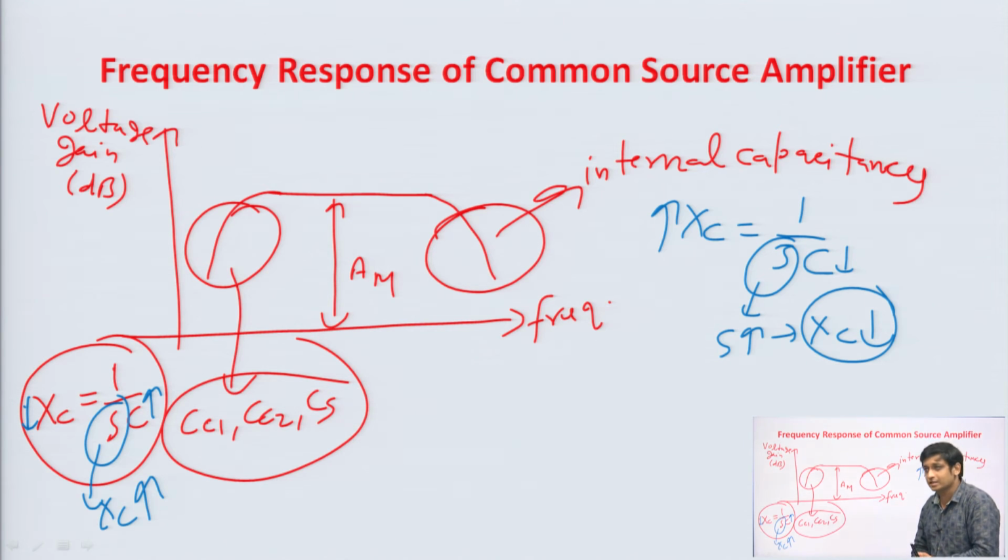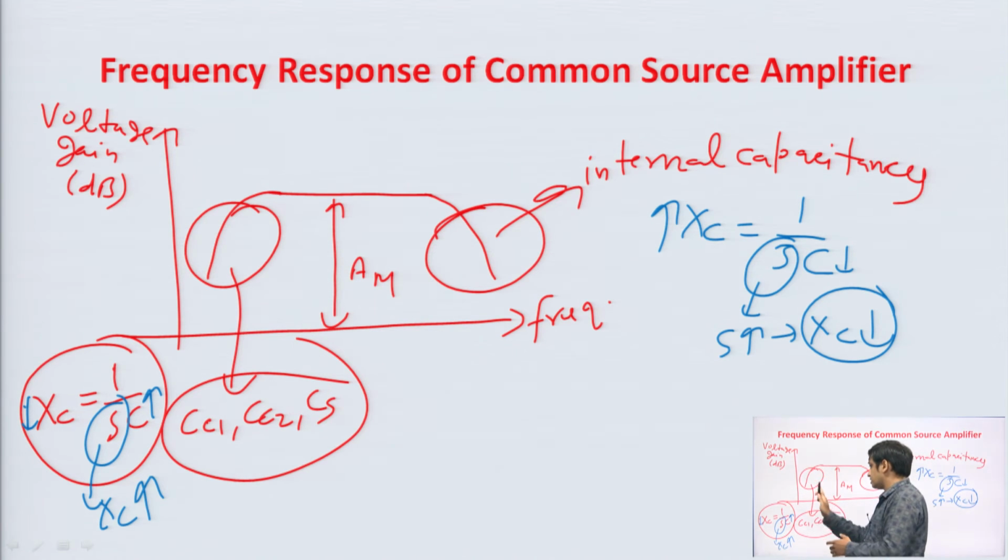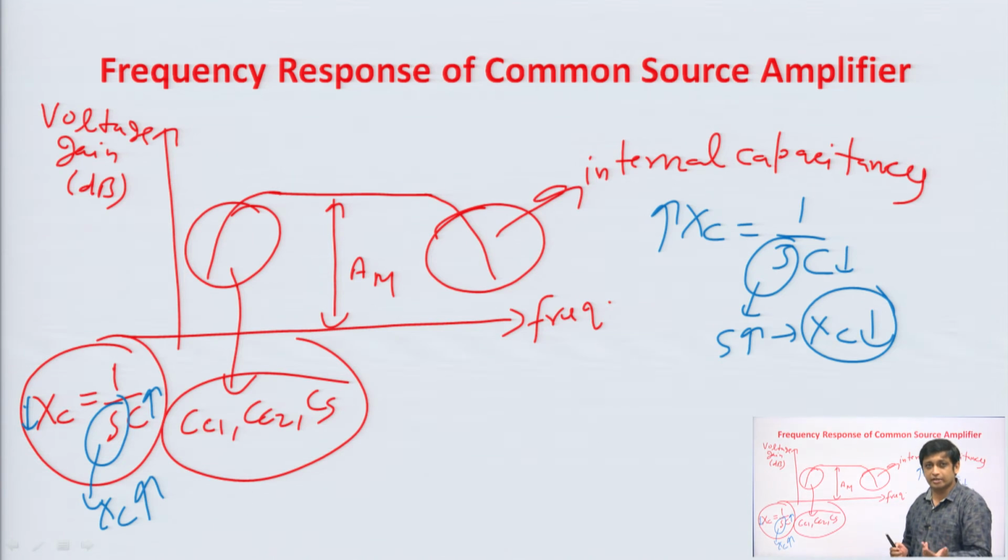So, the conclusion is that at low frequencies, since the coupling capacitances no longer act as a short circuit, the gain is reduced, and at high frequencies, since the internal capacitances no longer behave as an open circuit, the gain is reduced.